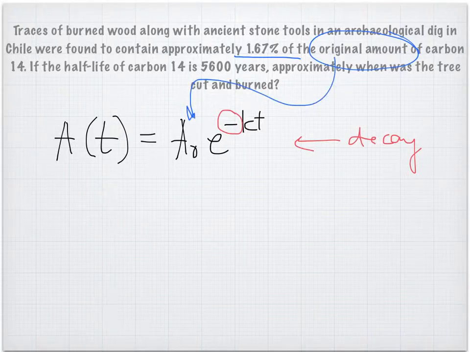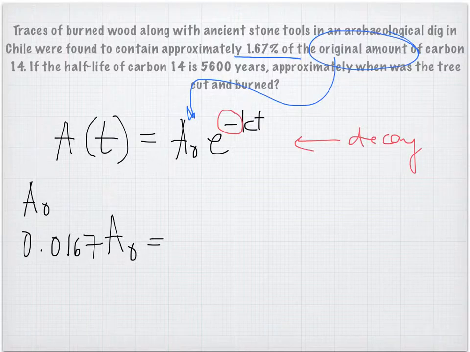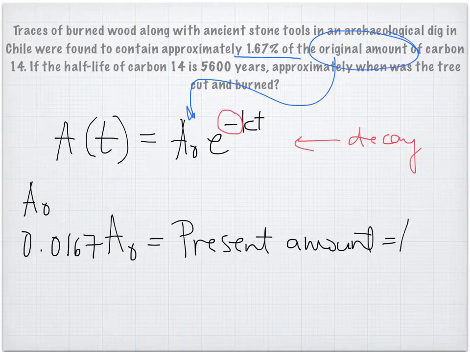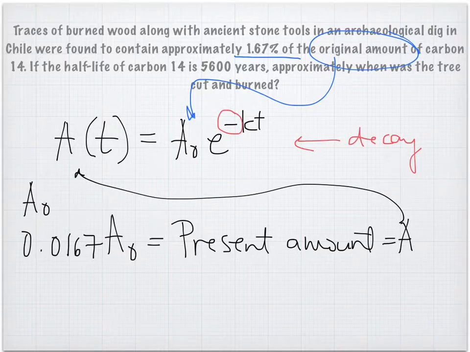So right now, if A sub 0 is the original amount, then currently the present amount is 0.0167 of A sub 0. This is the present amount. In this case, this is our A value.